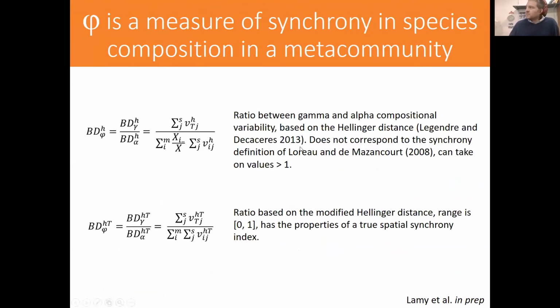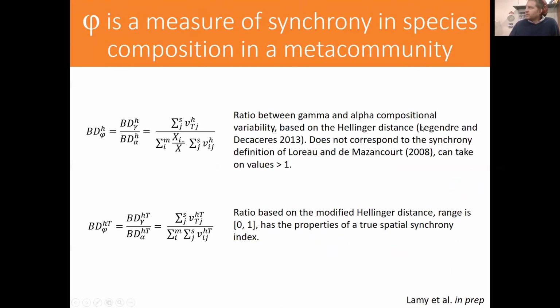Okay, and so this is the work that Tomas has really led with our working group. And he's derived two different types of beta diversity based metrics for calculating community variability. So the first, we applied Hellinger distances to look at variability at each patch.